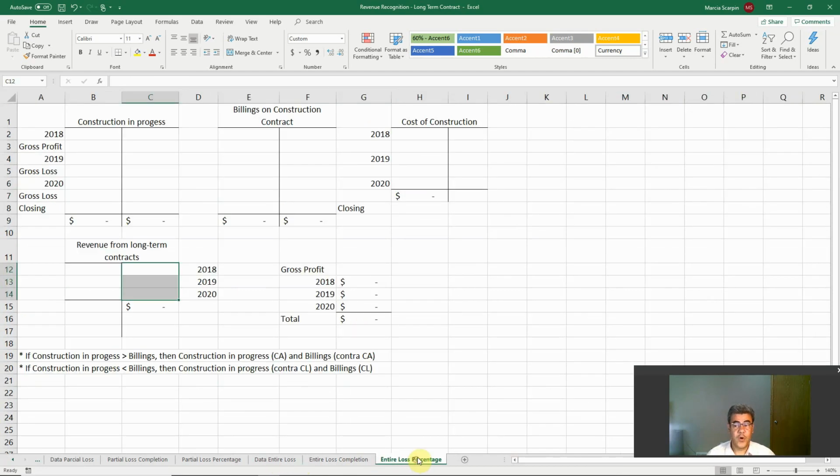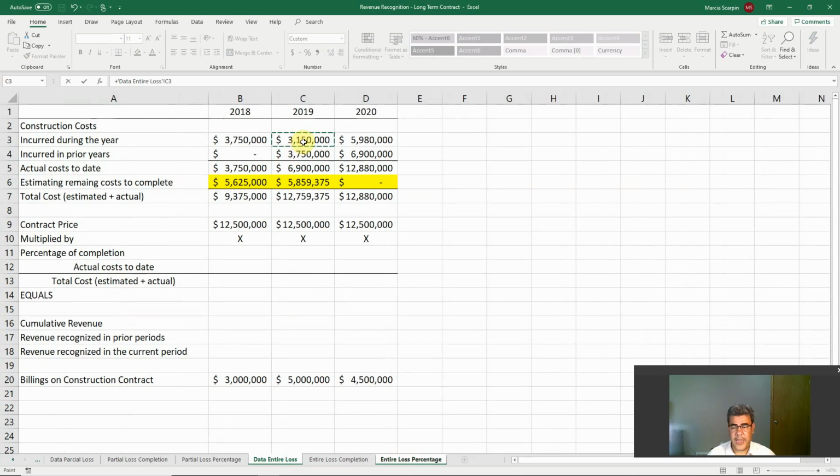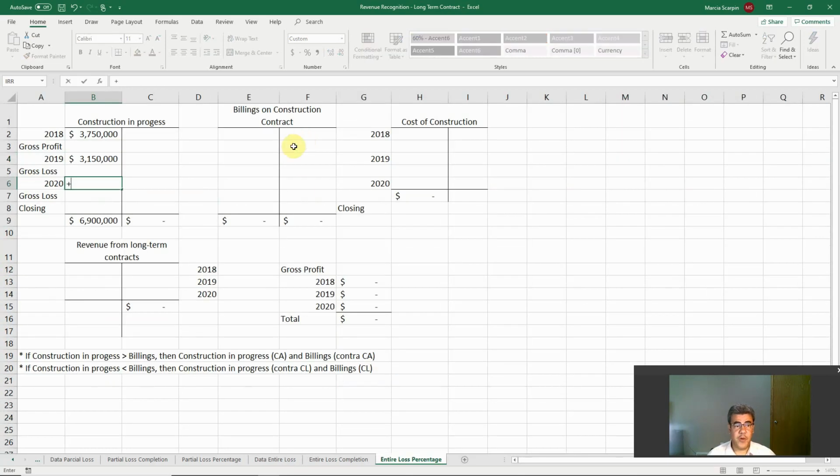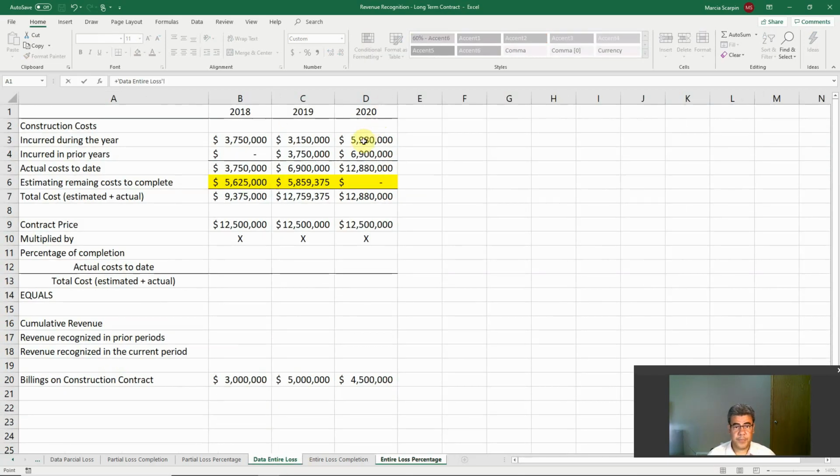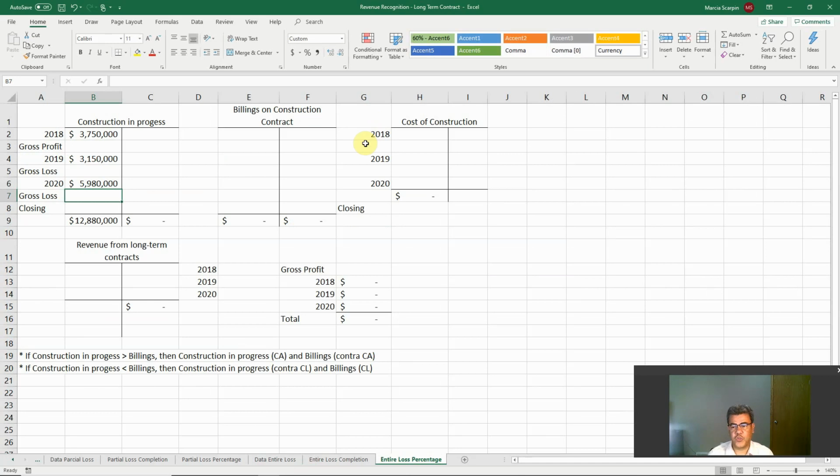What changes? Or what doesn't change? First, construction in progress, it is again our costs. It doesn't change. It doesn't matter what kind of contract we are working with. So here we have our 2.12.8.